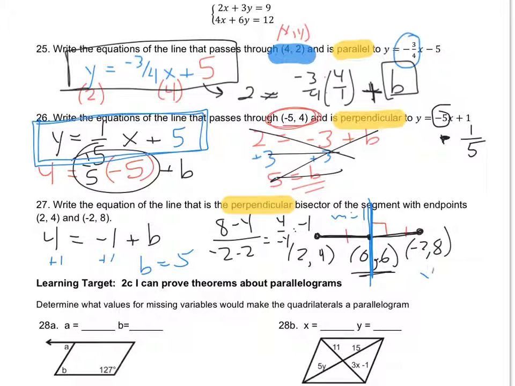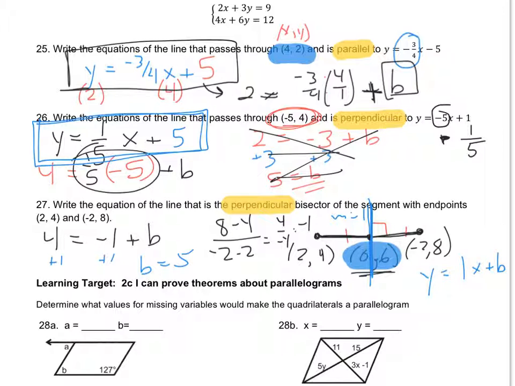So now I can write a partial equation. y equals 1x plus b, and like before, I need to plug in the values from my midpoint, and once I plug those in, I will actually have my equation. Oops, we don't want that to be there. Get rid of that.